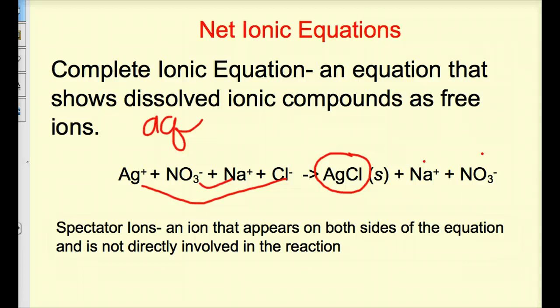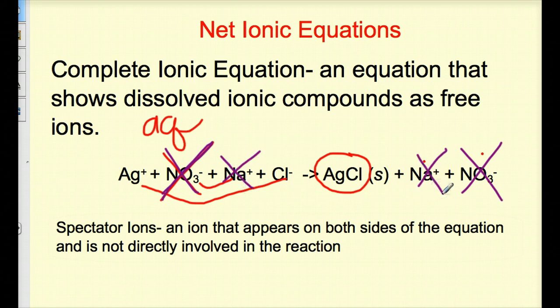Just like in math, when I have an X on one side and an X on the other side, I'm allowed to cross them out. I'm allowed to cross out this NO3 and this NO3 because they're exactly the same on both sides, as well as this Na and this Na.